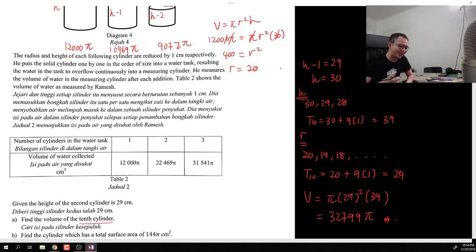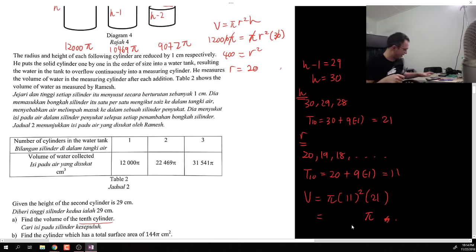Oh yeah, D is minus 1. Oh my gosh. Yes, you are damn right. This is minus 1. So this one will be 21. This one will be 11. Alright. This is 11, because the D is minus 1, it's not plus 1. 21.